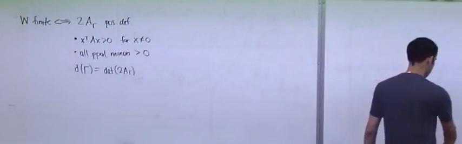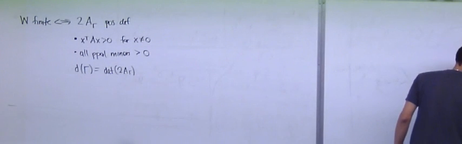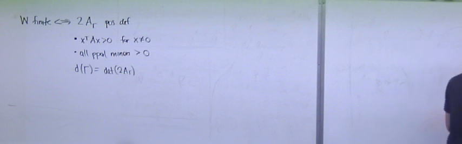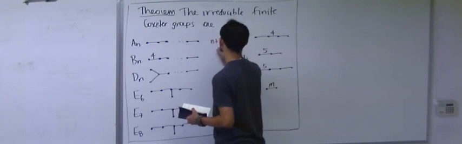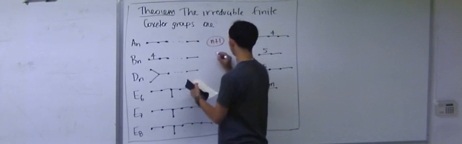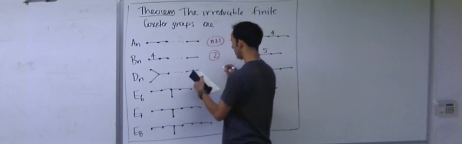And so let me remind you what they were. So we proved that d of An was n plus 1. D of Bn was 2. D of Dn was 4.